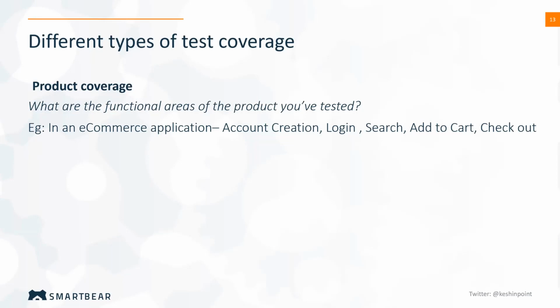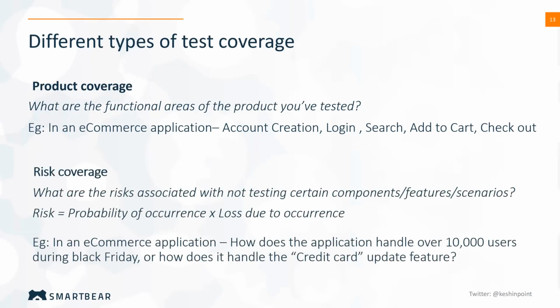The next topic is the risk coverage. Along with product coverage, we have to make sure that we also cover risk coverage as well. This is essentially looking at things more from a monetary perspective, or from a business perspective.